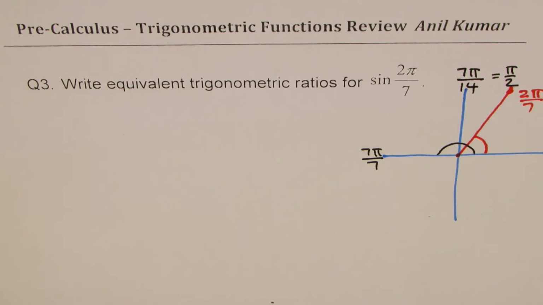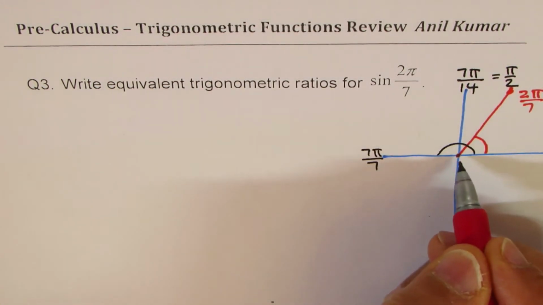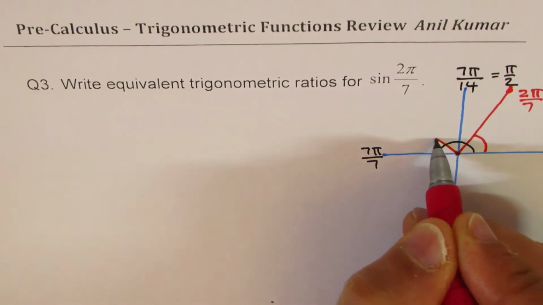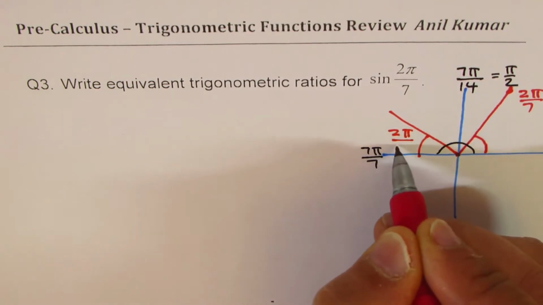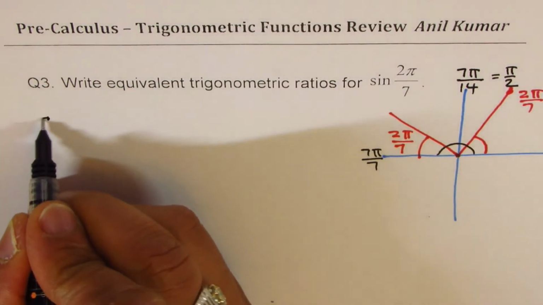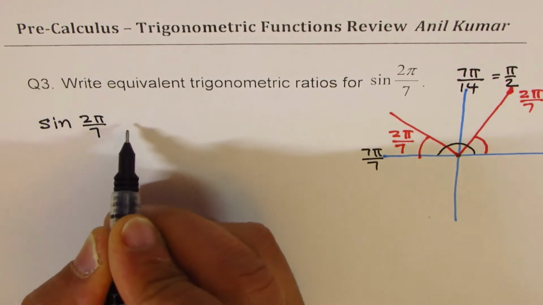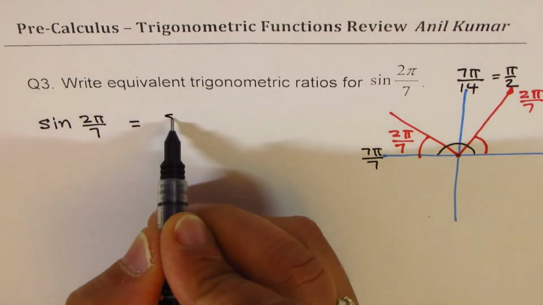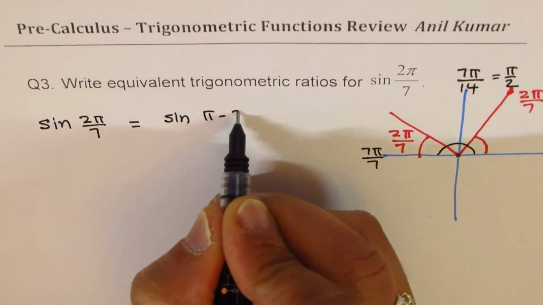Okay. So basically, as far as sine is concerned, we know sine of pi minus theta, if this is 2 pi by 7, then we have the same value for sine, right? So writing co-function, we could say sine of 2 pi by 7 is equal to sine of pi minus 2 pi by 7.